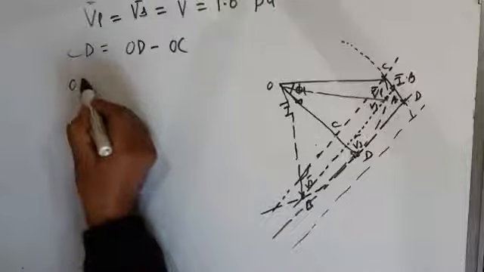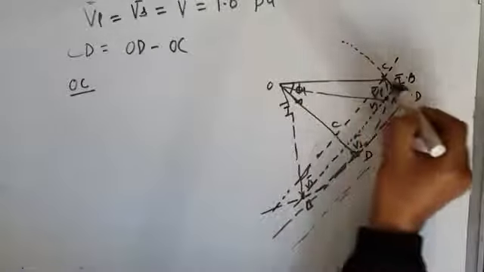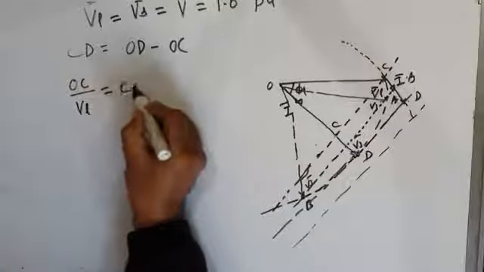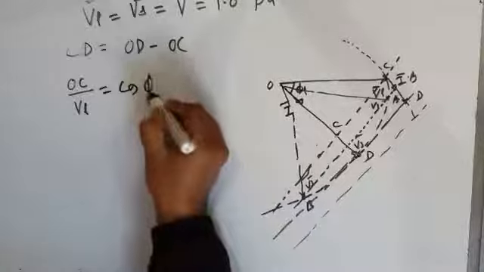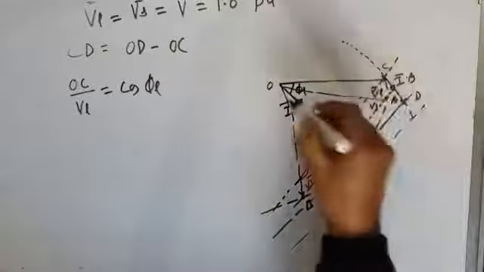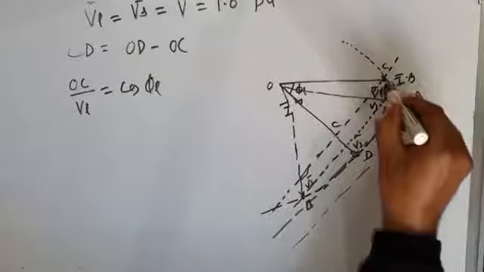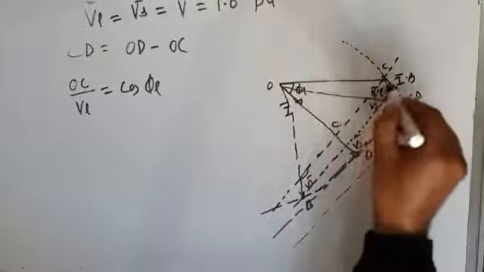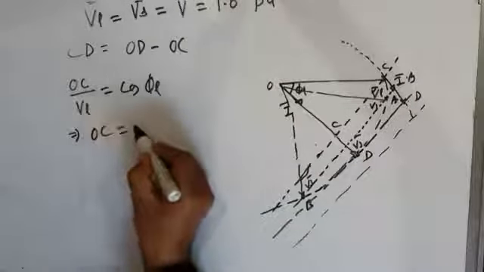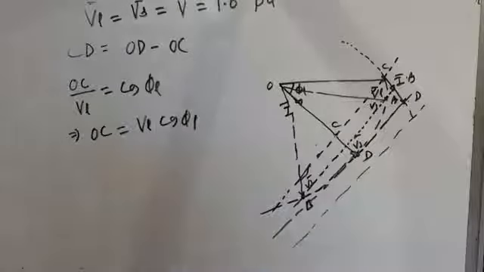So OC by VL, base by hypotenuse, is equal to cos phi L, where phi L is the phase angle. Base is OC, hypotenuse is your load voltage. So OC by load voltage is cos phi L. So that will give me OC equal to VL cos phi L, right?